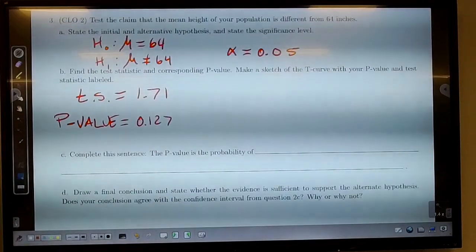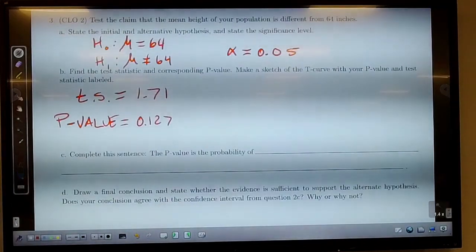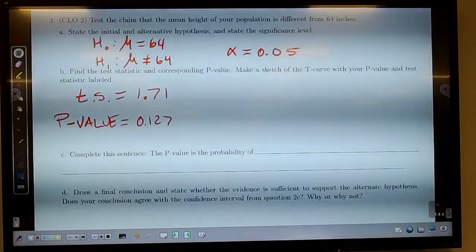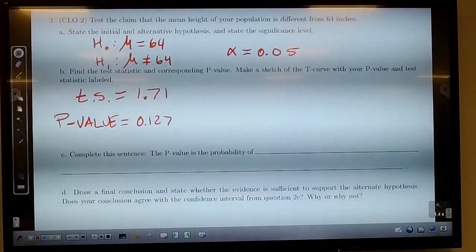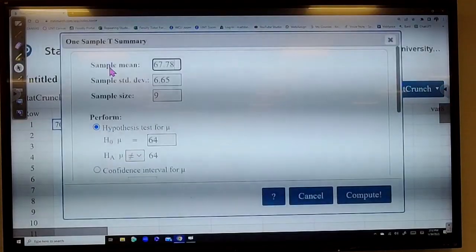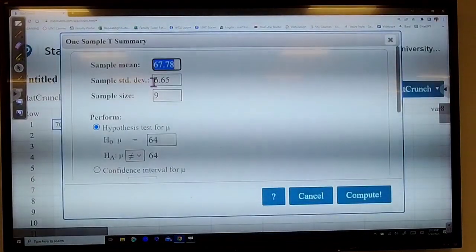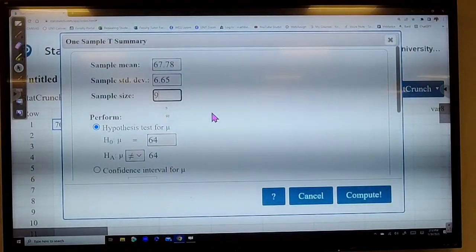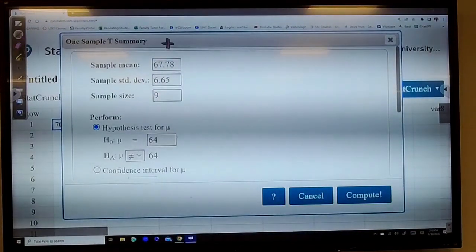Make a sketch of the t-curve with your p-value and test statistic labeled. So what does that p-value mean? What am I supposed to do? I gave it my sample height, my sample standard deviation. I told it there was 9 folks. Why is all this needed?